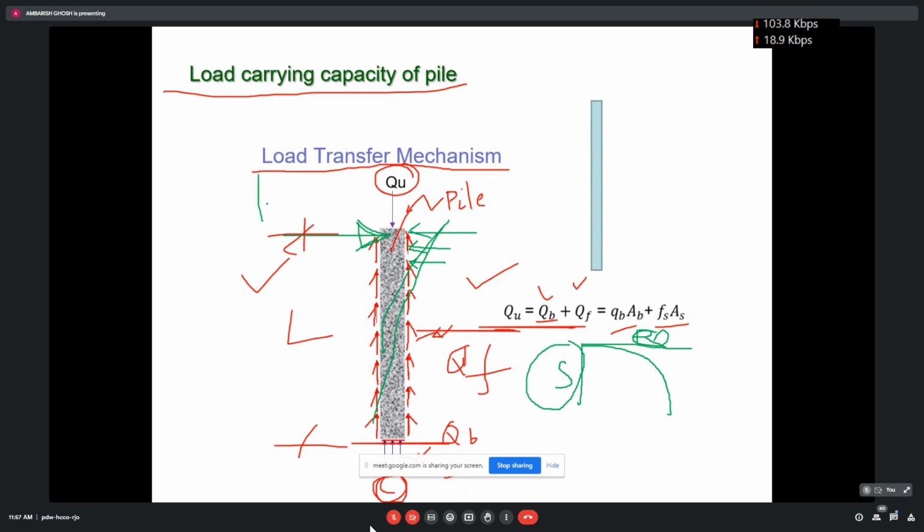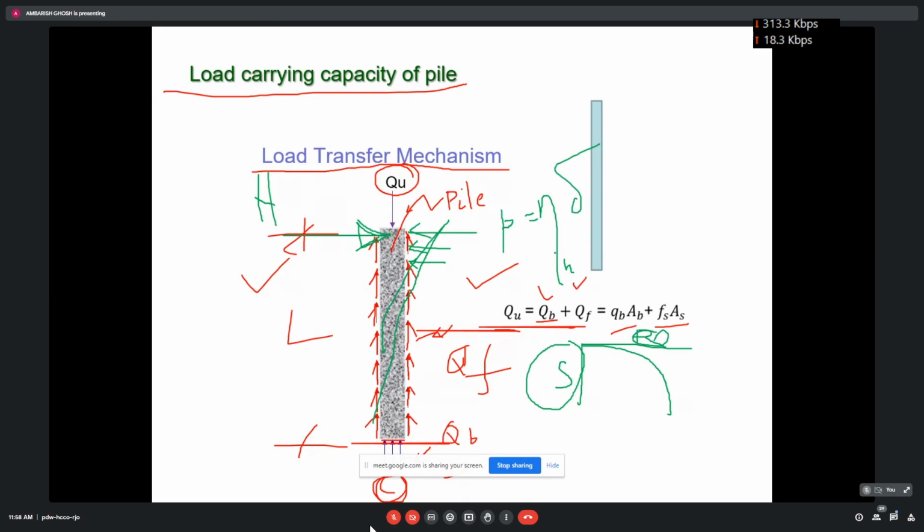If you apply horizontal load, the pile will deflect and the soil will provide the resistance against the deformation. It will try to resist the deformation. So when this load is coming, if we take a small piece, the horizontal load will be eta h into delta.